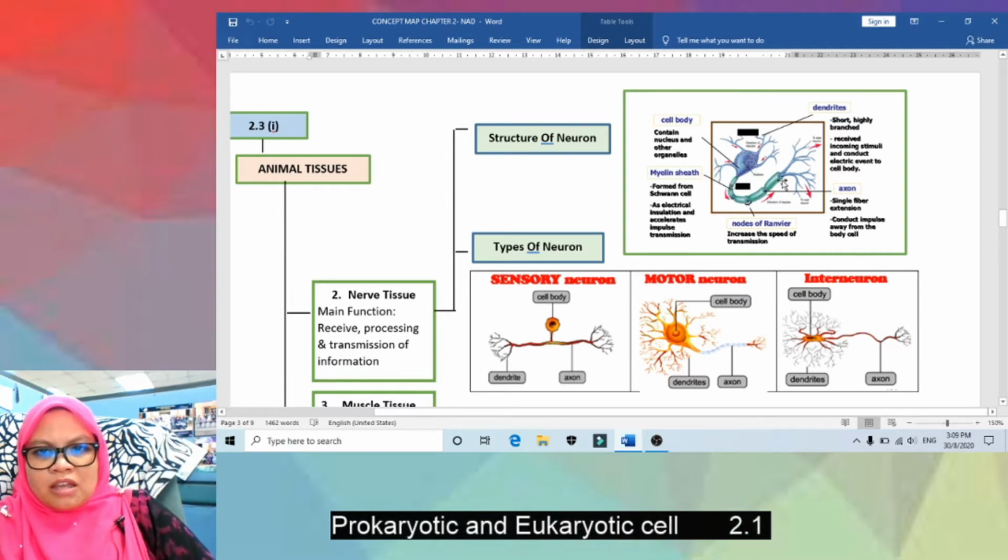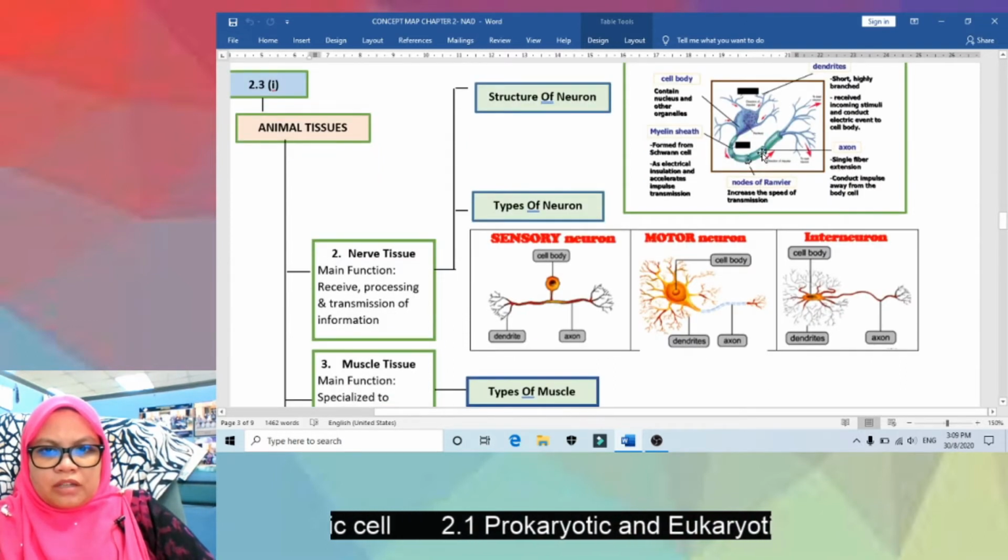And here is the axon, which carries impulse away from the cell body. And at the axon, some axons will be lined with an electrical insulator layer called myelin sheath. The gap here is called the nodes of Ranvier.